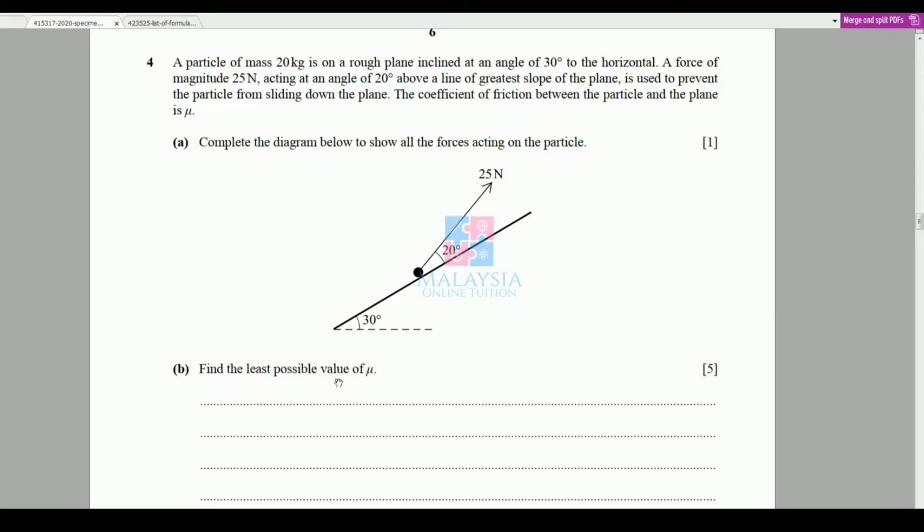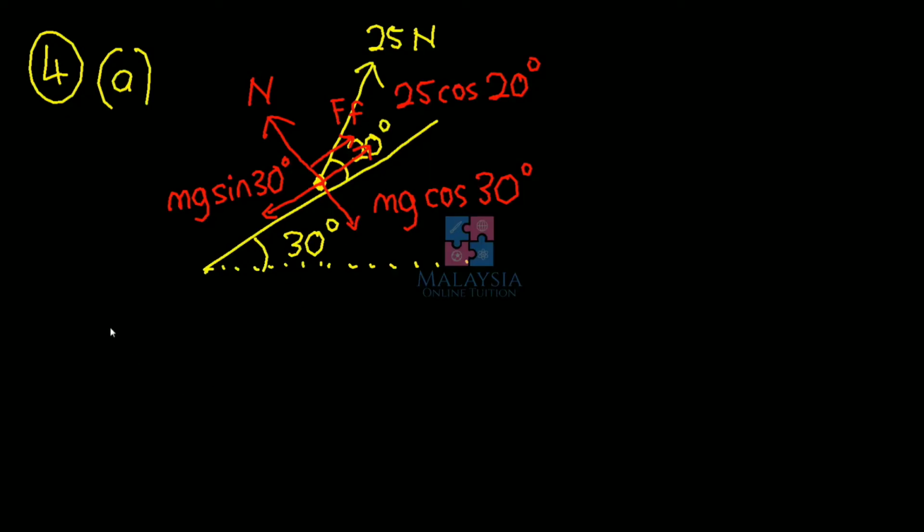And for part B, find the least possible value of mu. For us to know the least possible value of mu, we need to construct the F = ma equation first, or the Newton's second law of motion equation. As we have here in the diagram the direction of the forces, we can see that 25 cos 20 and the frictional force will be in the same direction.